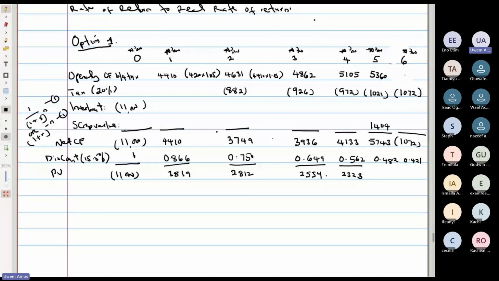So 5743 multiplied by 0.482 is 2768. And then finally 1072 multiplied by 0.421 is 451.